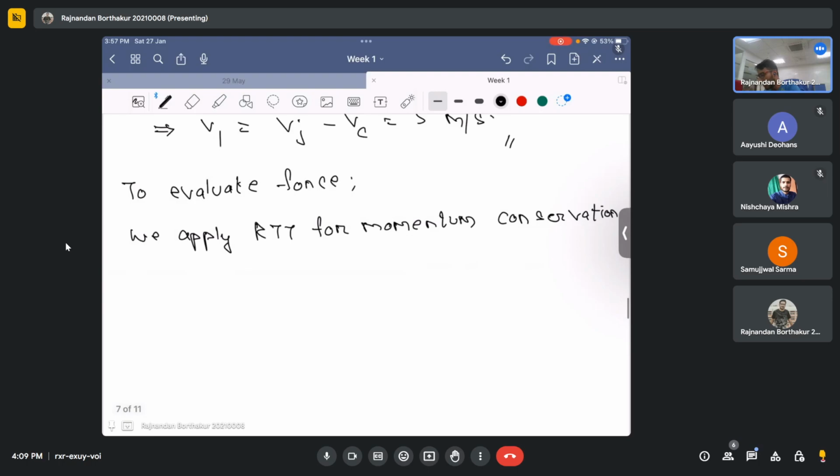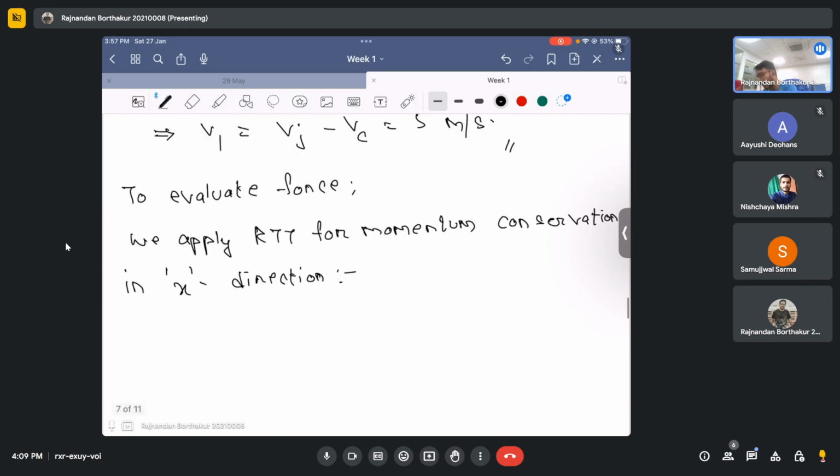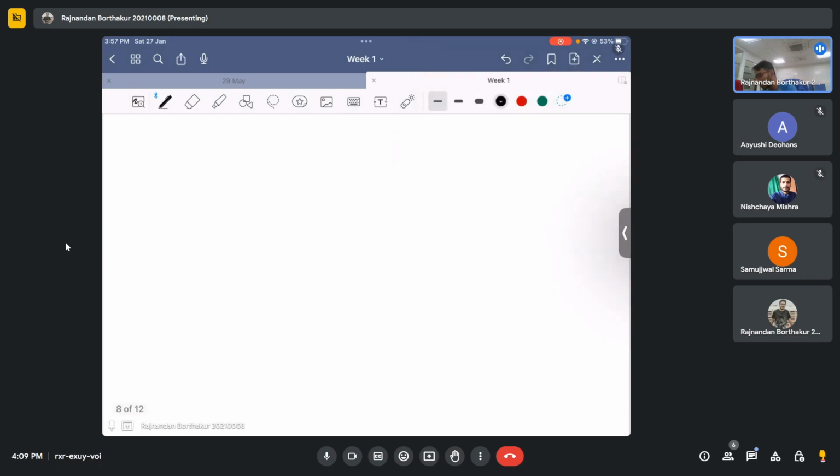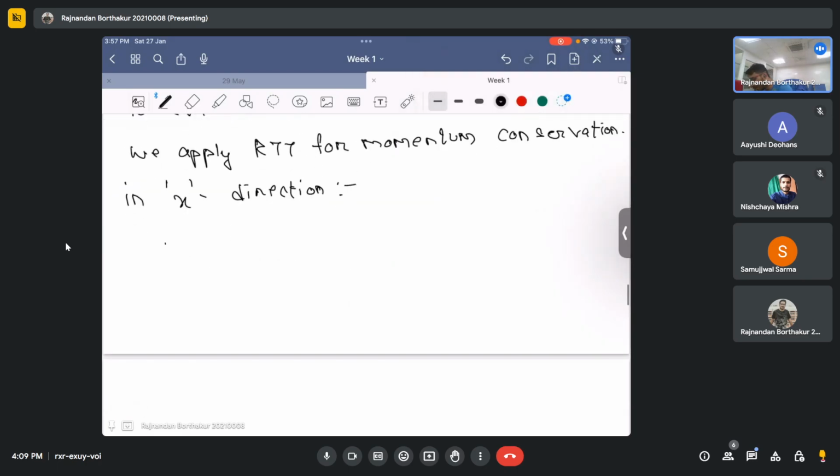So what we will do is apply RTT for momentum conservation, first in the x direction. So the property now becomes momentum, and since we are applying it in the x direction, it becomes px, which is the momentum of the fluid in the x direction.